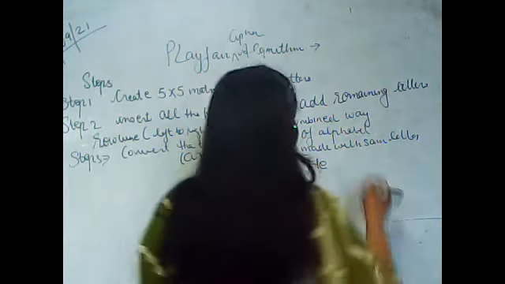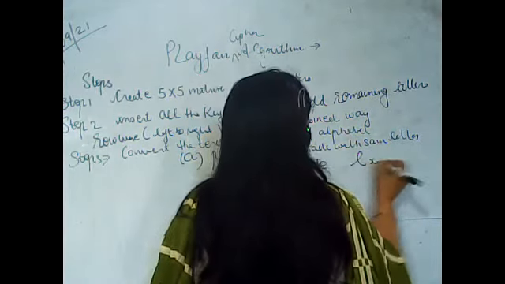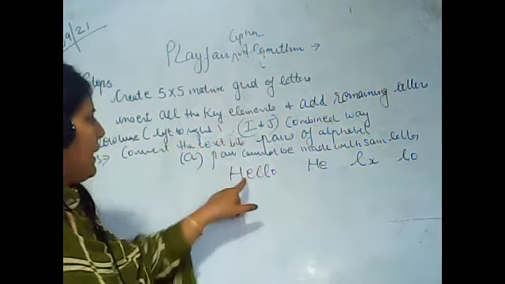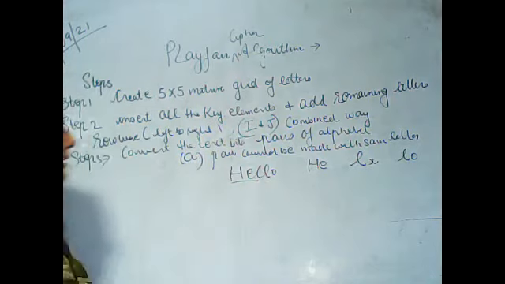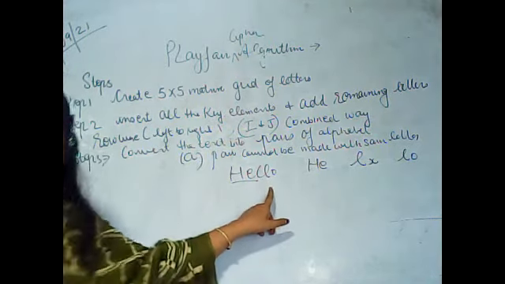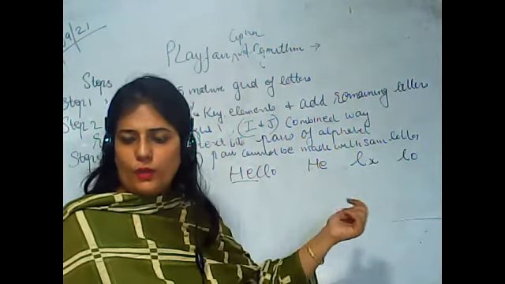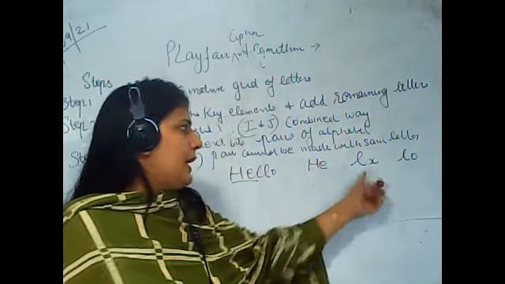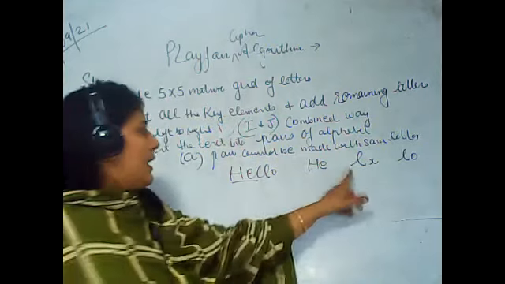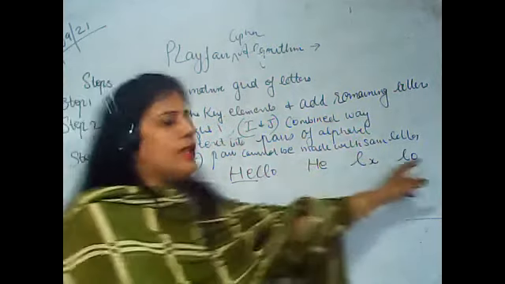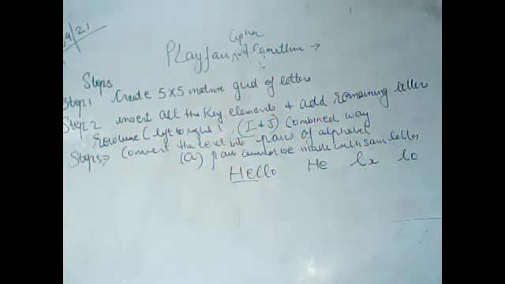We will write like this: L, X, L, O. The rule says that we cannot pair two same letters, so we add that X to the first L, and the remaining two letters we can write like this. Fine.